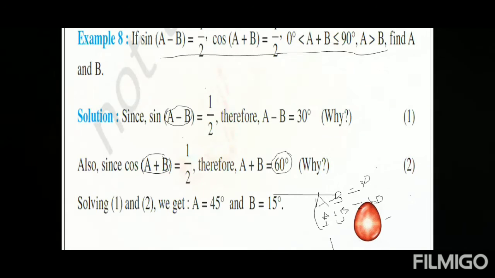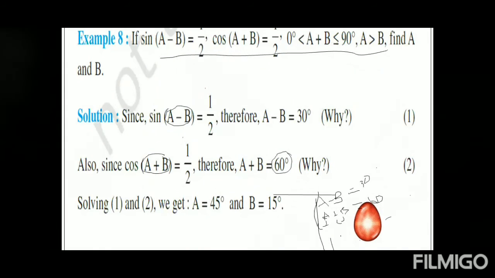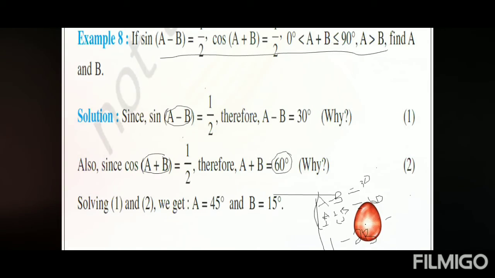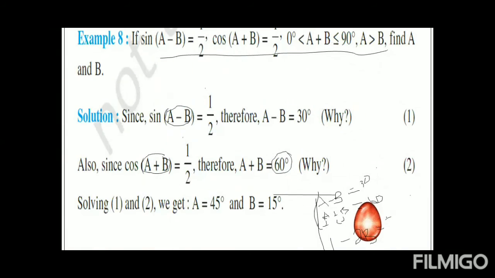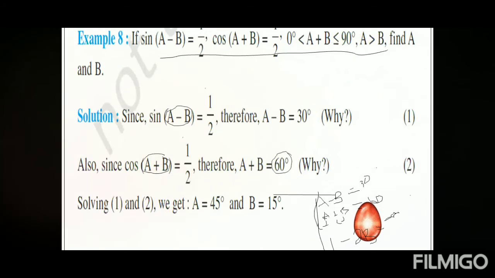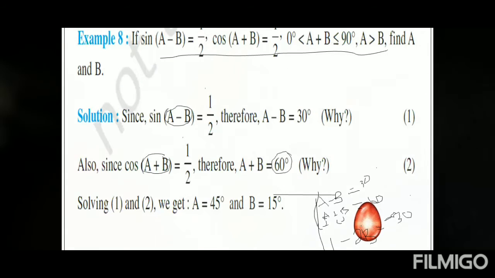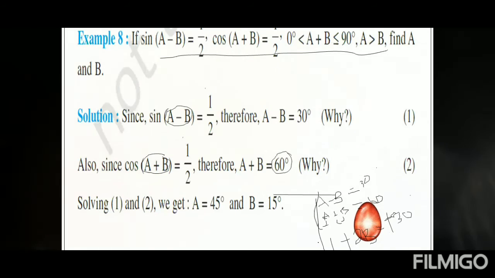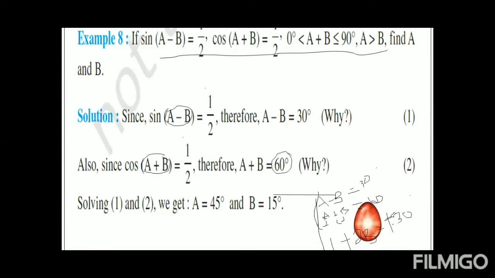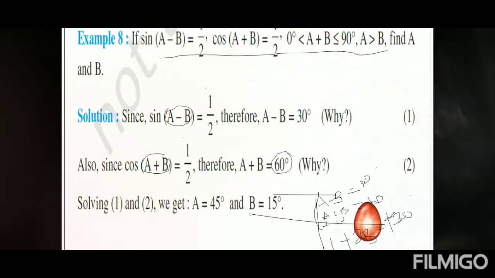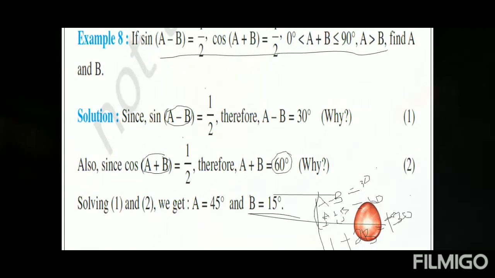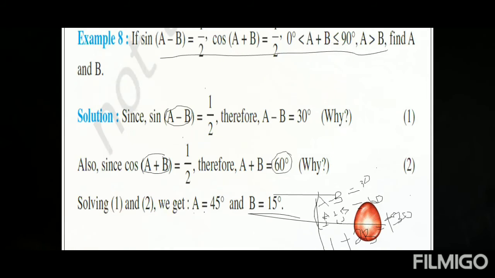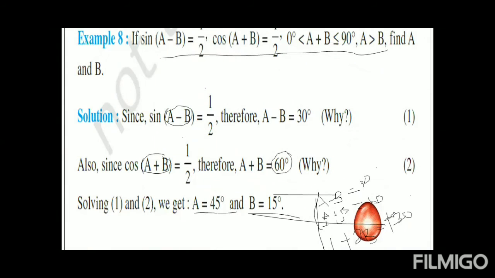A will be cancelled and that will be minus 2B that equals minus 30. Both the minus from the left hand side and right hand side will be cancelled, and 2 will go and divide 30, and angle B will be 15. When you substitute angle B equals 15 in any one equation, you would find that angle A equals 45 degree. Simple question.